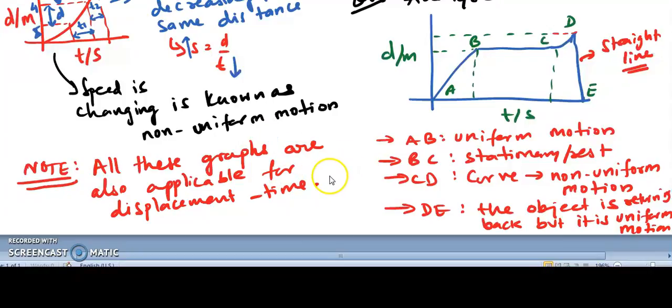The only thing is, in this case we measure velocity. I'll come to that in the third part, where I will solve some questions for you and ask you some questions based on various types of graphs. Okay, all right, thank you.